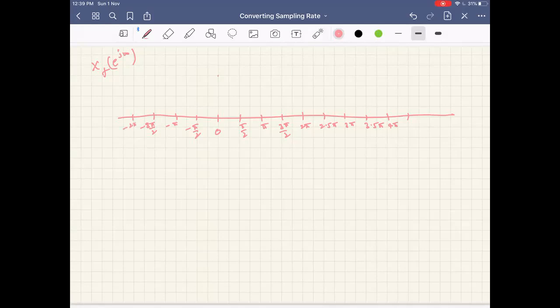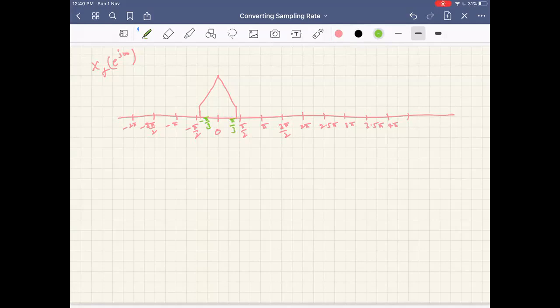So let us sketch the spectrums. The base spectrum let us sketch first. You can see that this is from minus pi by 3 to pi by 3, and this is the base spectrum.